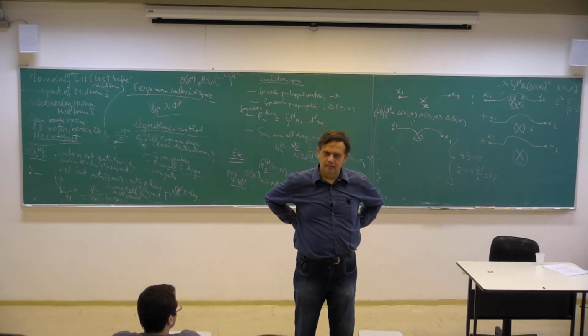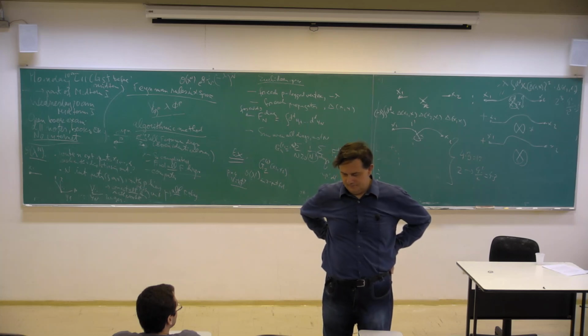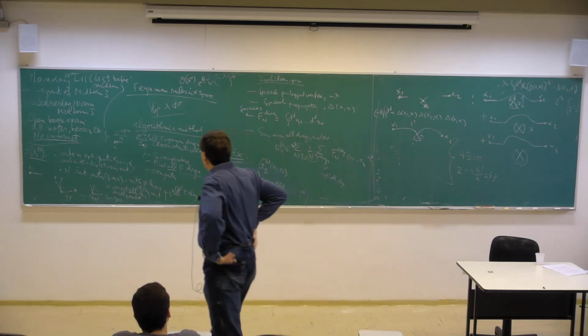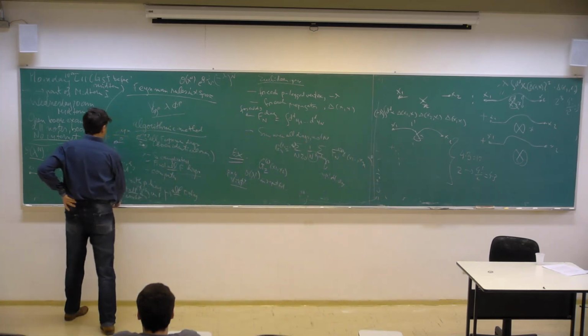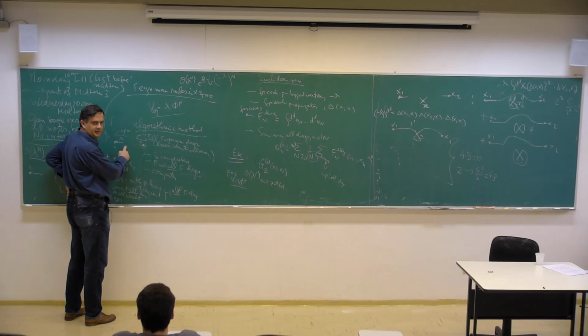This is the Fourier transform of the two-point function in position space. But then don't you have to integrate over x and y to get the transform? Well, yes, but if you integrate over x and y, you obtain the momentum conservation, right?